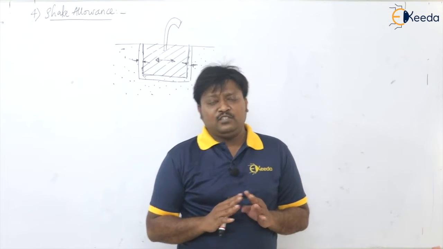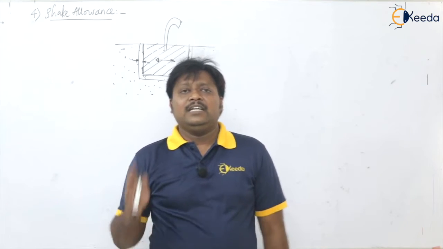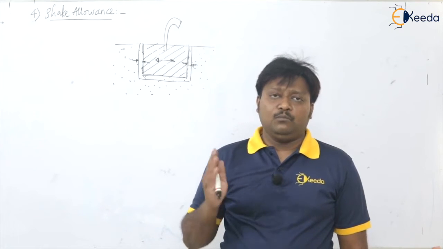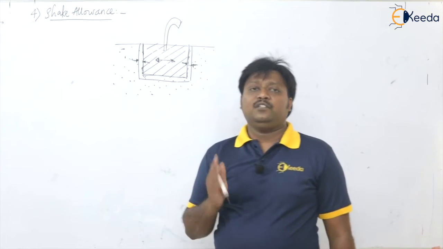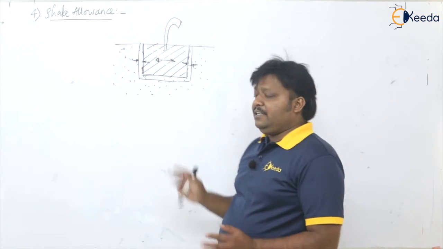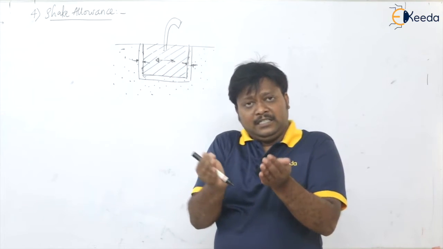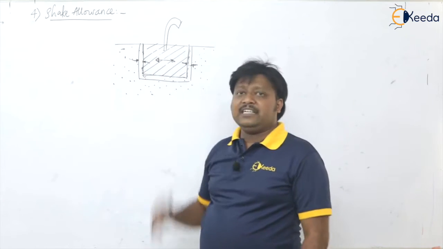So there is no formula for the shake allowance. It is totally dependent on the mold maker, who will decide the value of the shake allowance. And the thing is that, because of the provision of the shake allowance, the cavity becomes less, so definitely this is a negative allowance.